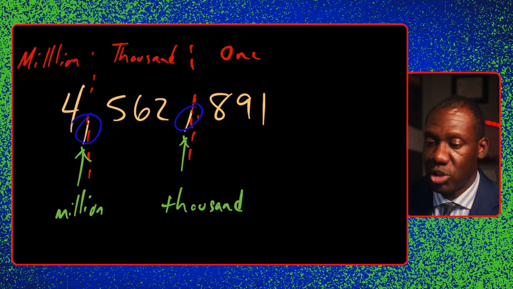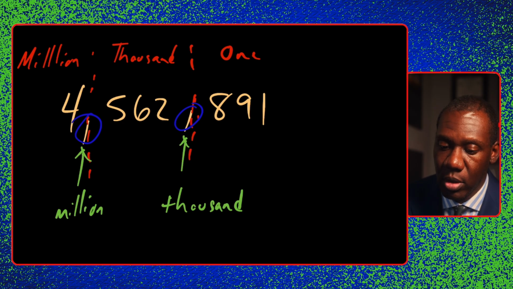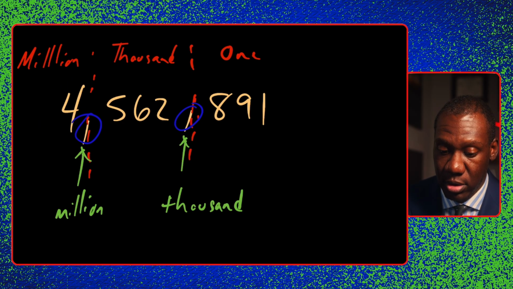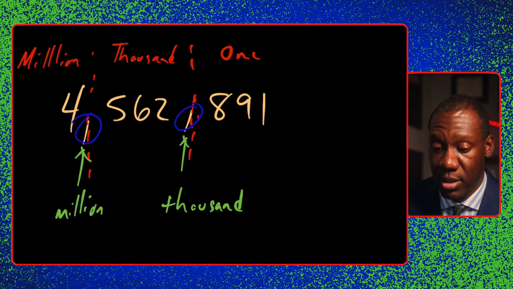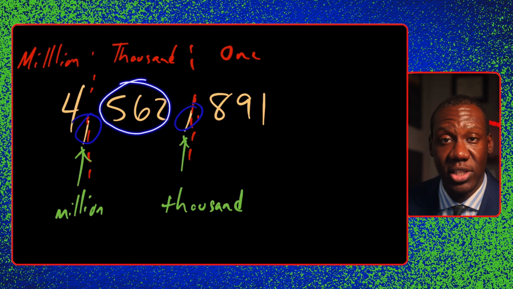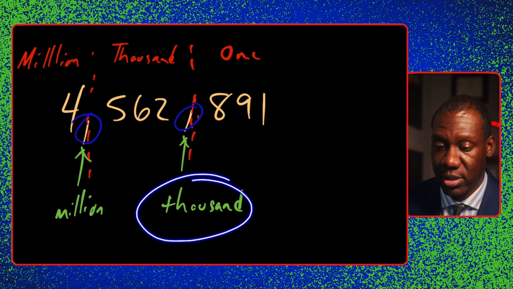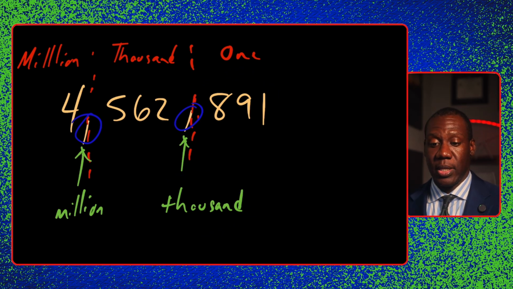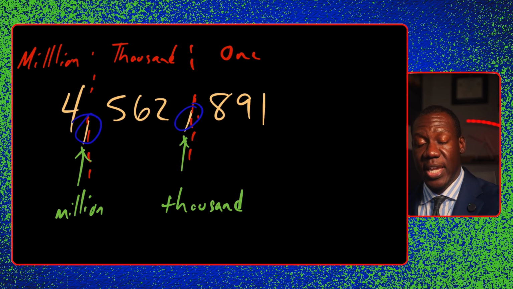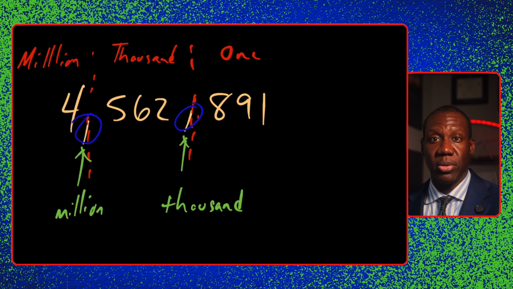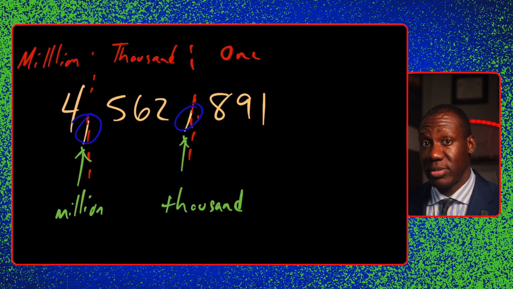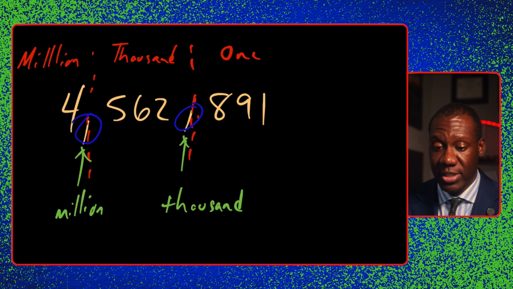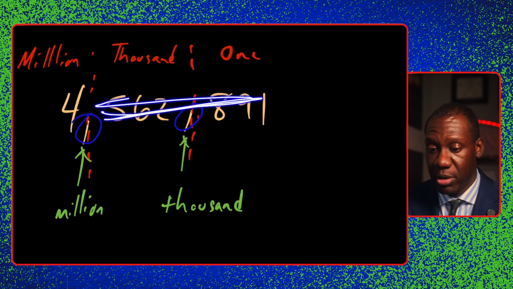All right, so let's give this a try. We'll just say this like it is 4,562,891. So we're saying each section of the number as if it's the only section, like nothing else exists. It's like when I'm saying the first portion, I'm not worrying about these.